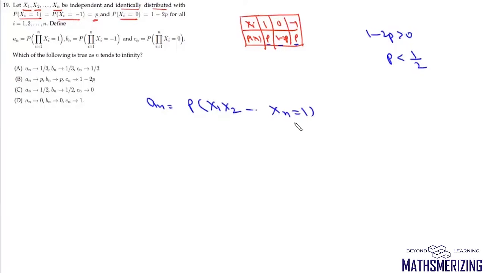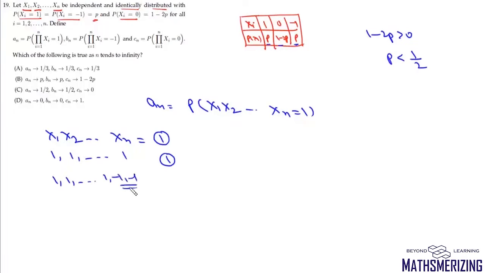Now first we need to find in how many ways we can choose x1, x2 and xn such that the product is 1. One of the ways of choosing it is when all the values are 1. So if all the values are 1, then we have only one case. Next one could be when n minus 2 values are 1 and 2 values are minus 1.